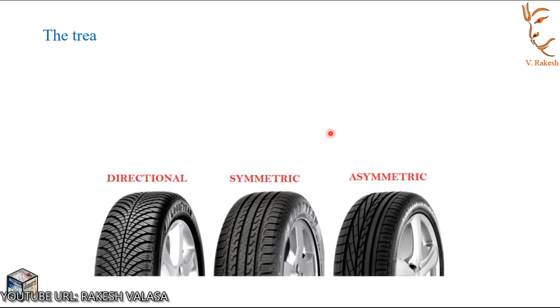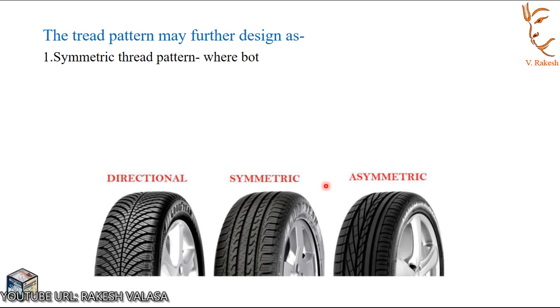The tread patterns may be further designed as directional, symmetric, and asymmetric. Axisymmetric means you can divide this tire into two halves where the tread faces are exactly similar in both halves.